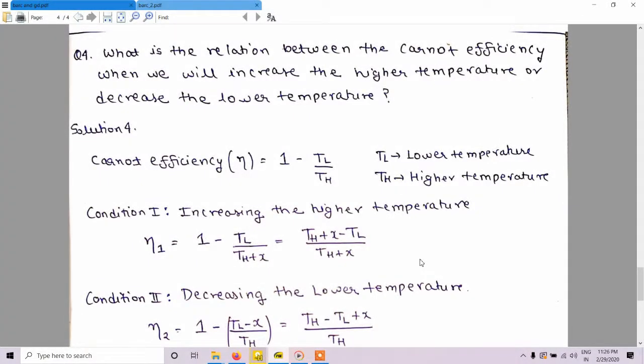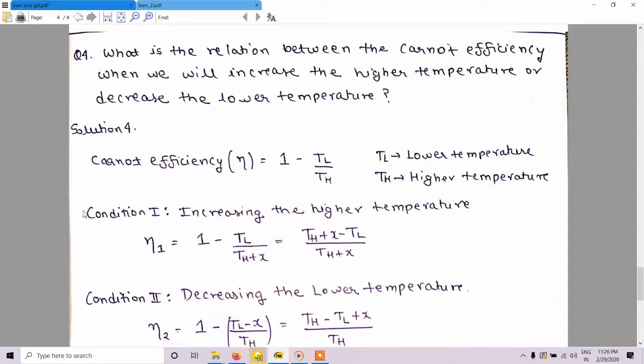Question number 4 is: what is the relation between Carnot efficiency when we increase the higher temperature or decrease the lower temperature? As we know, Carnot efficiency is equal to 1 minus TL by TH, where TL is the lower temperature and TH is the higher temperature.